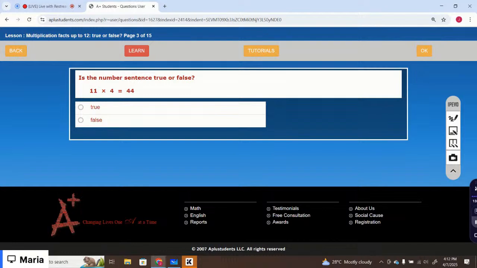Is the number sentence true or false? 11 times 4 is 44.